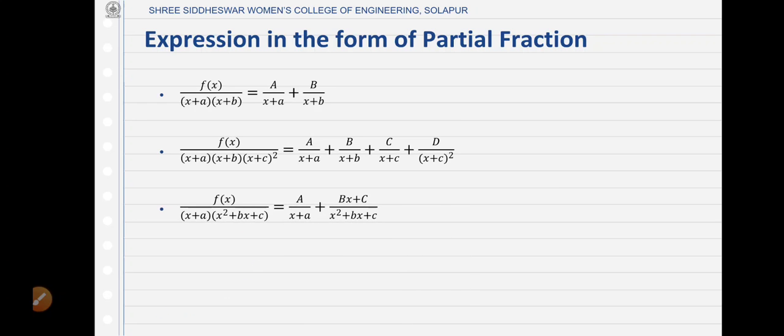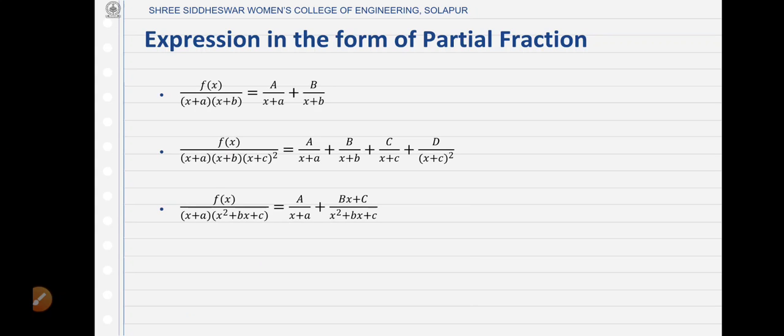The next form is f of x upon (x plus a) into (x square plus bx plus c). So here the denominator is expressed as a product of two terms.